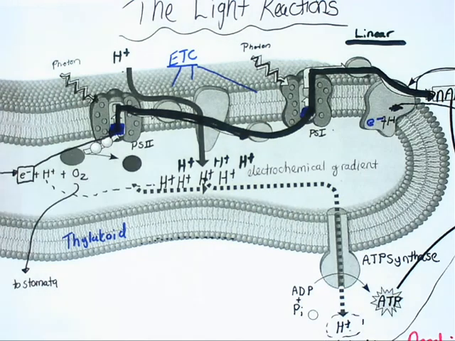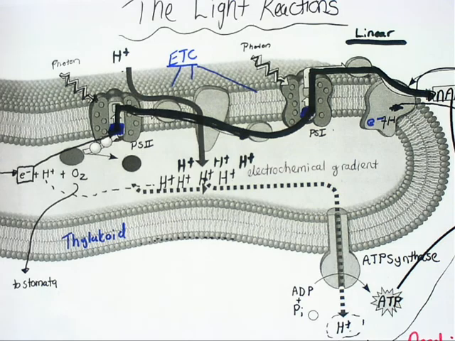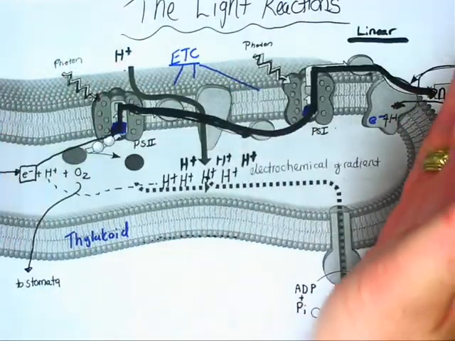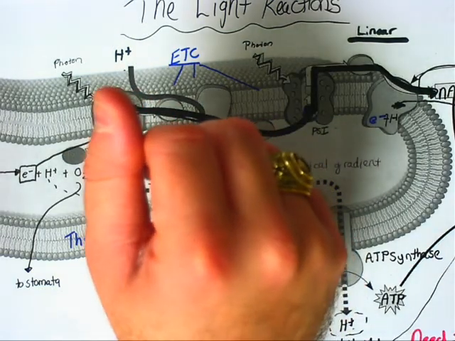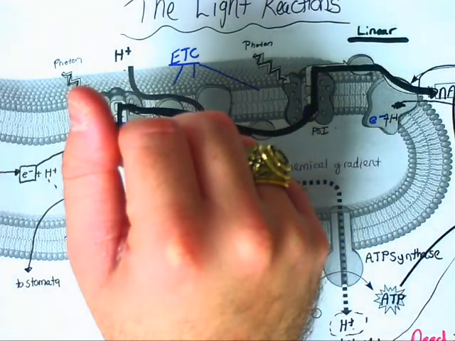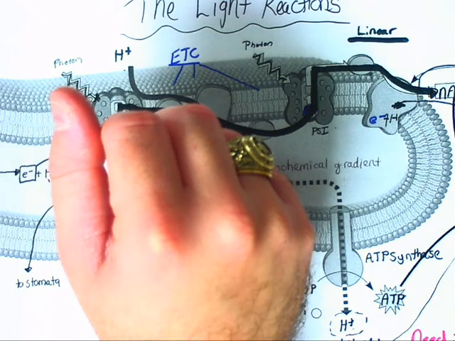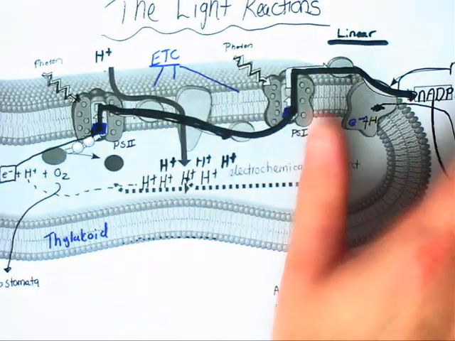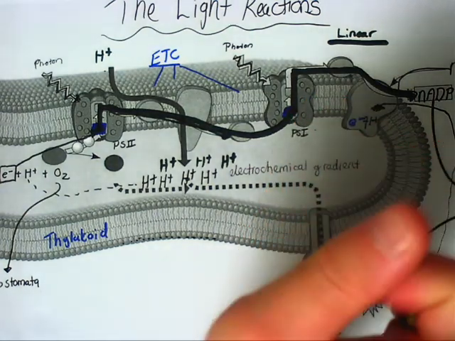Linear electron flow. What does linear mean? In a line, right? Not reversing, the same direction. It just went from beginning to end there. Linear is what I'm saying. Good? Now here's reality. Something called cyclic electron flow.